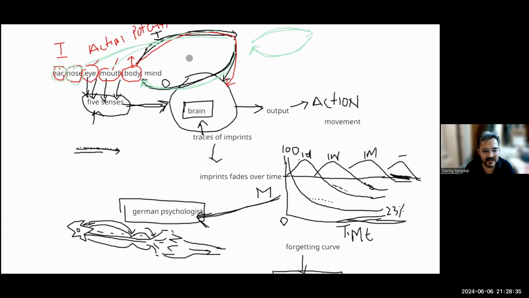Now these signals leave traces of imprints that help the brain to identify the pattern, right?